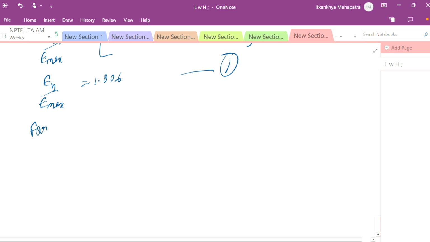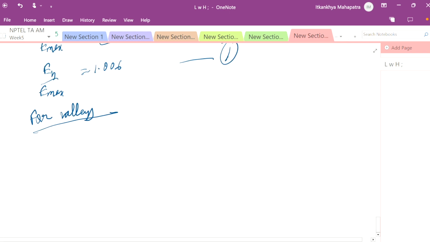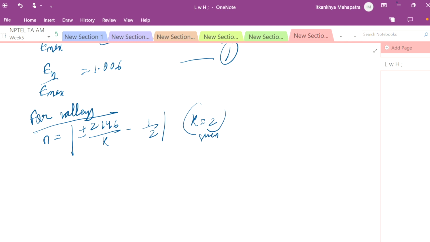Similarly, for valleys we will find out n. The formula is plus minus 2.146 by k minus 1 by 2. Now k is equal to 2, which is given.